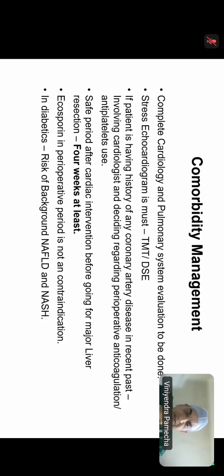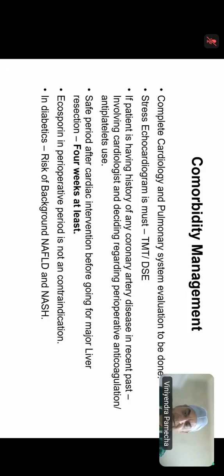So the safe period for cardiac intervention before major liver resection is at least 4 weeks, and you don't really need to stop aspirin before the resection. It's not a contraindication, and you can stop it just a couple of days before and restart again depending on how the clotting profile and platelet counts are after the resection.